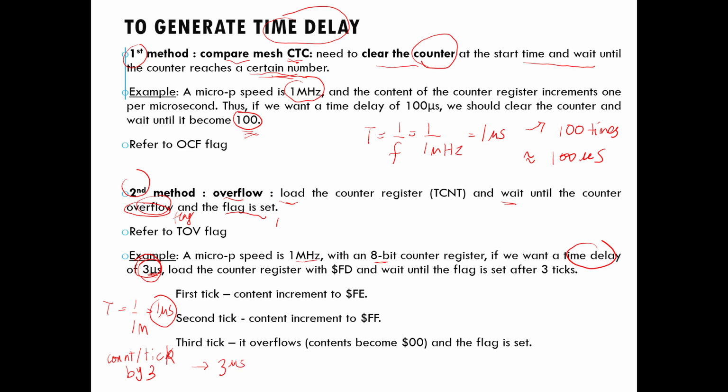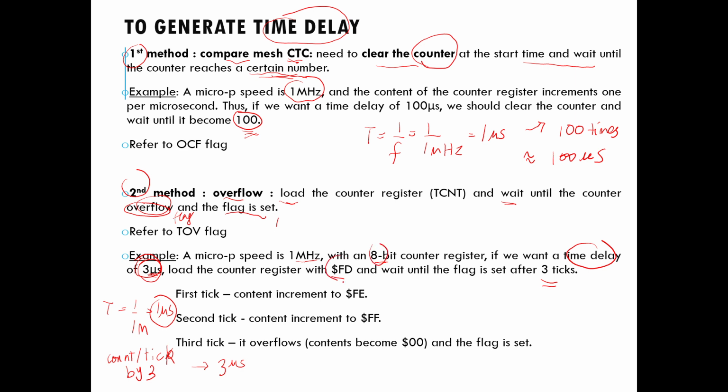How this happens is you load the counter register with FD and wait until the flag is set after 3 ticks. We know the counter will be incremented 1 by 1.